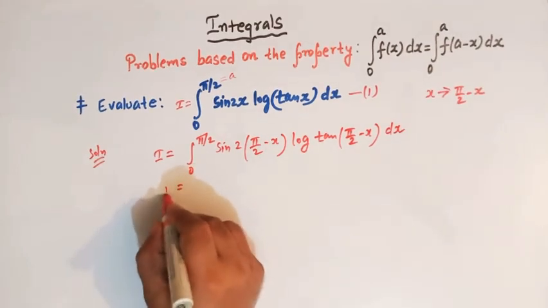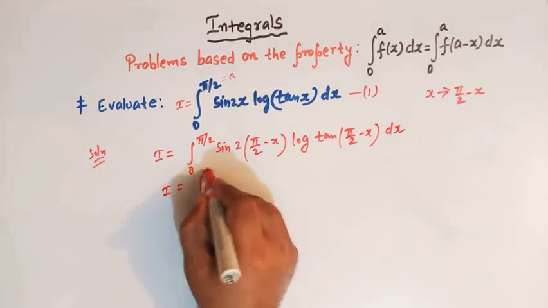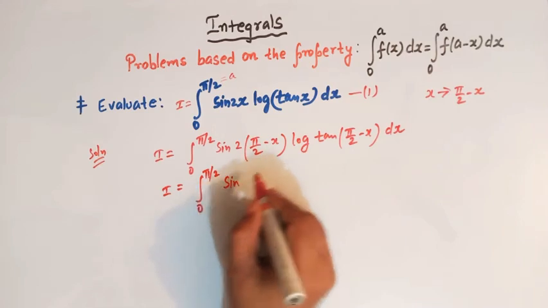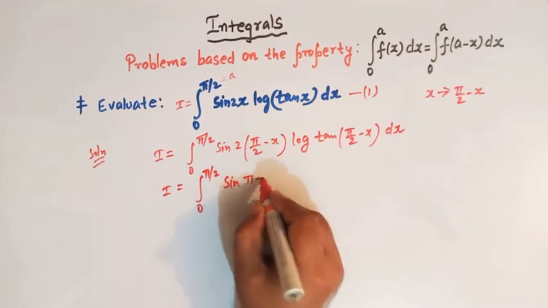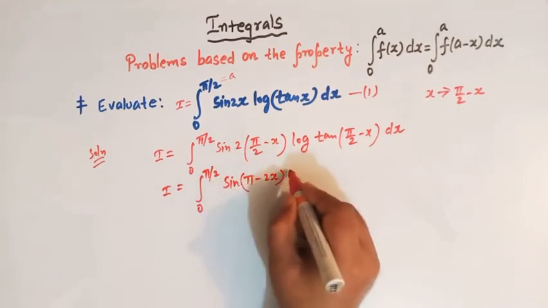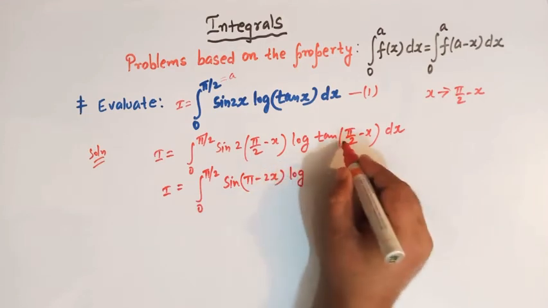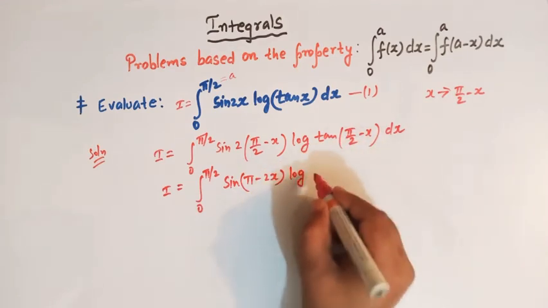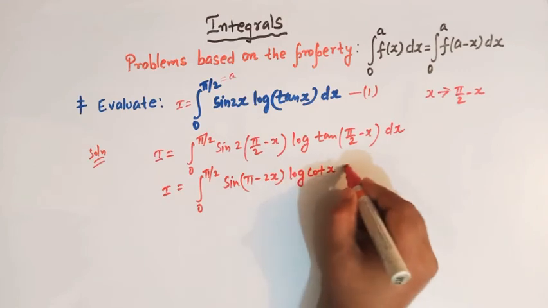Okay, so I becomes integral from 0 to pi by 2. We have sine, this is (pi minus 2x), and this is the log of tan(pi by 2 minus x), which is cot x, right?